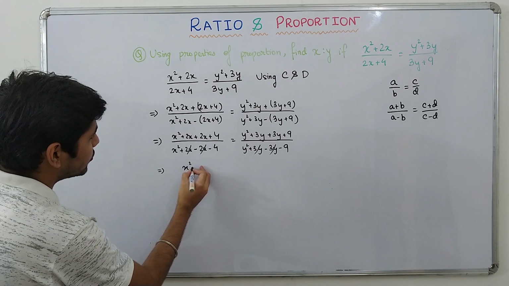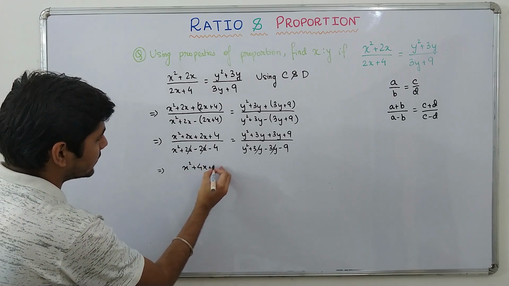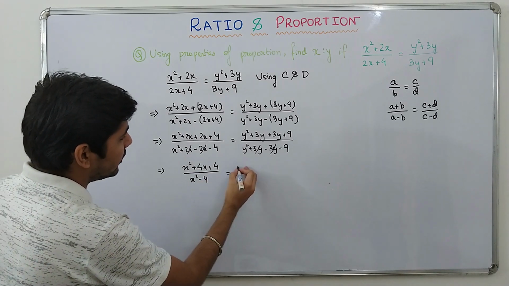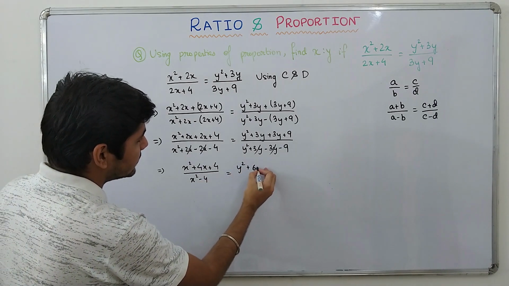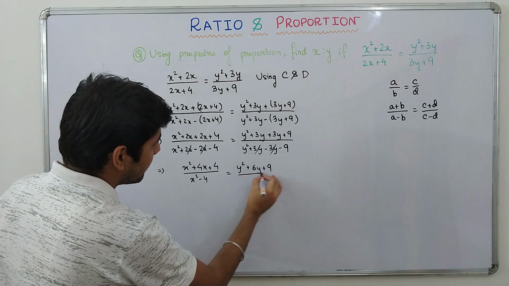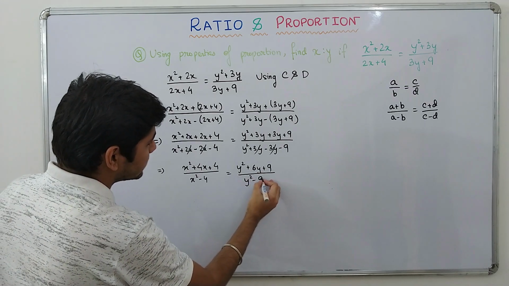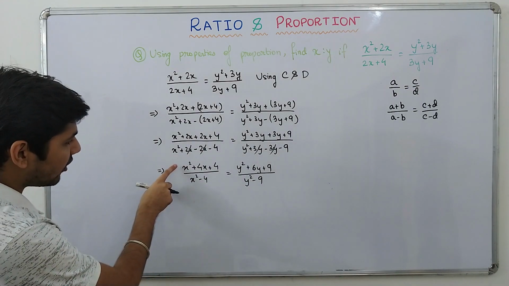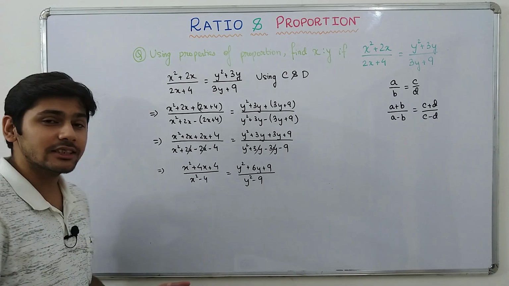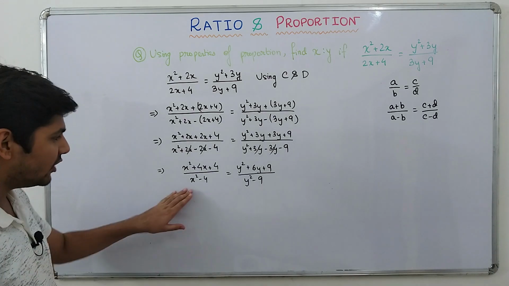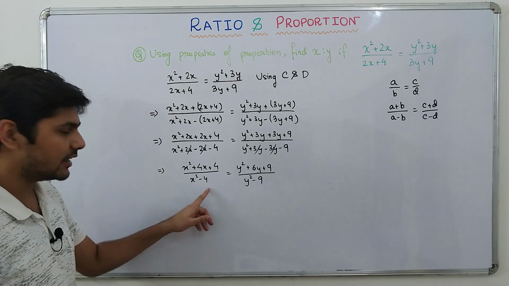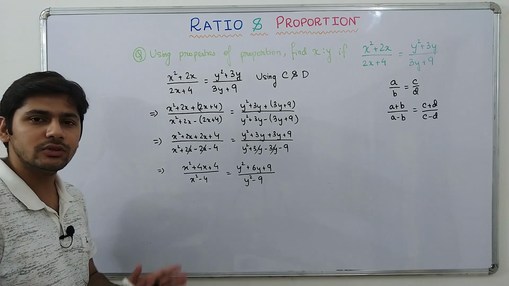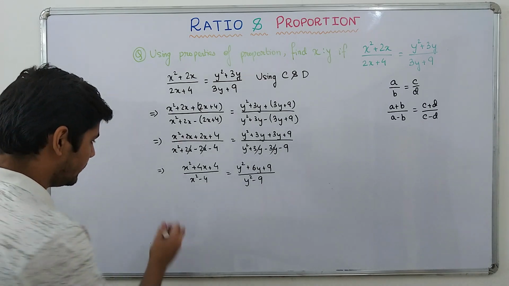So what do we get? We get (x square plus 4x plus 4) by (x square minus 4) is equal to (y square plus 6y plus 9) by (y square minus 9). Now what do we do over here? The numerator of this part is the formula of (x plus 2) whole square, and in the denominator we have x square minus 4. So a square minus b square, 4 is 2 square, so we will use (a plus b)(a minus b).